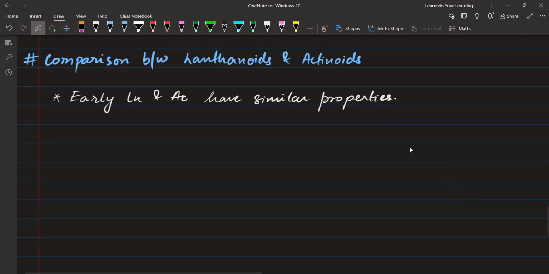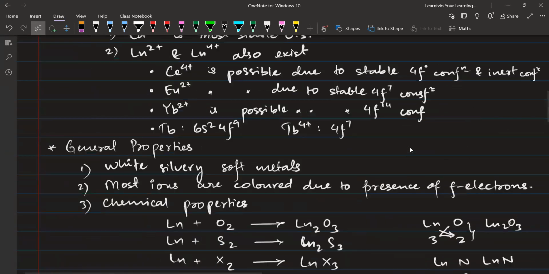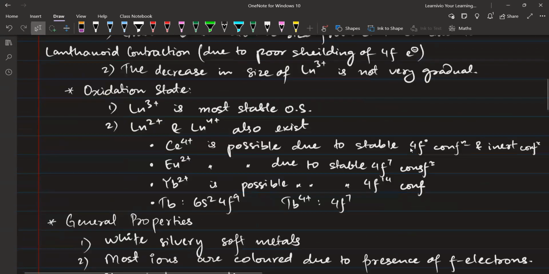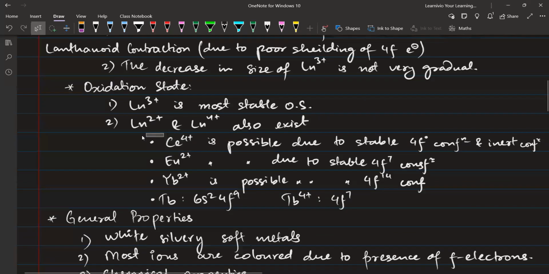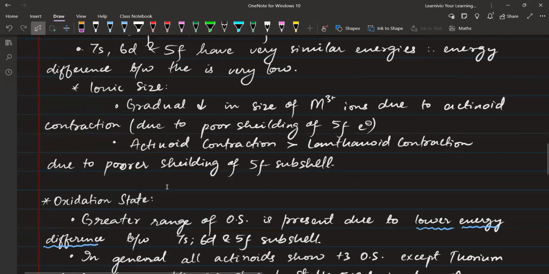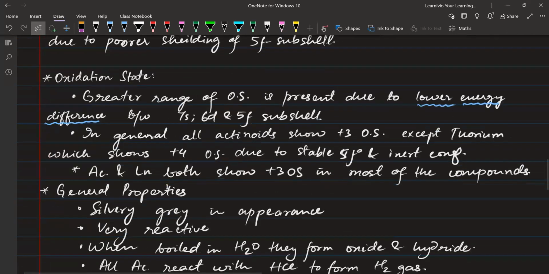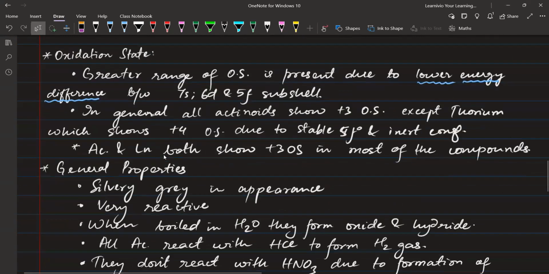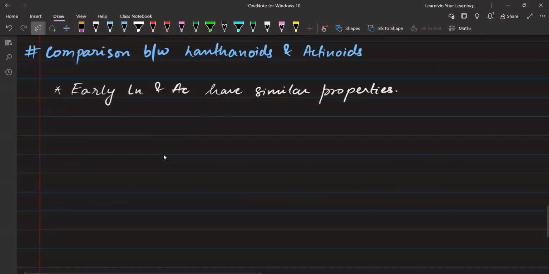Cerium has +4 oxidation state, and if you go to thorium also, thorium shows +4 oxidation state, right? So initially the properties of lanthanides and actinides are quite similar.